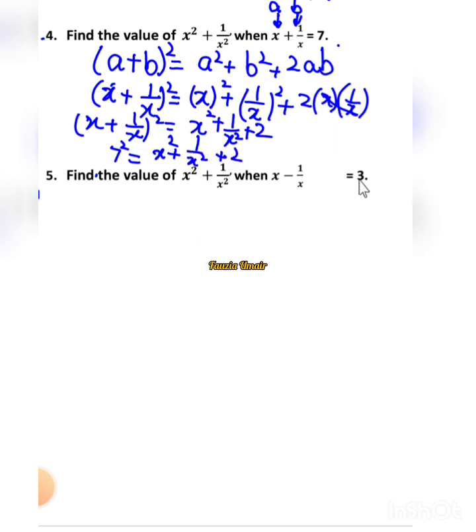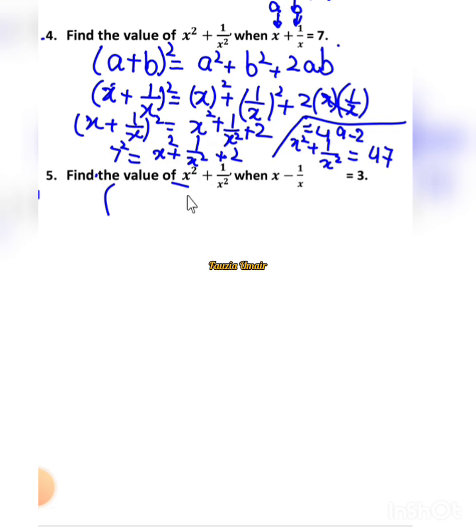If I solve this further, you can say 49 minus 2. I have taken this 2 on the other side of the equation. So the final answer would be x² + 1/x² is equal to 49 minus 2, which is 47. So that is your final answer.